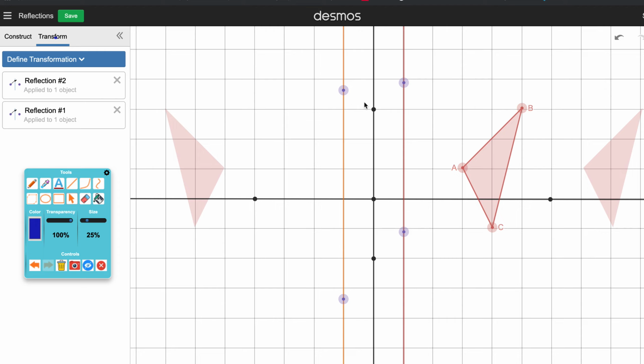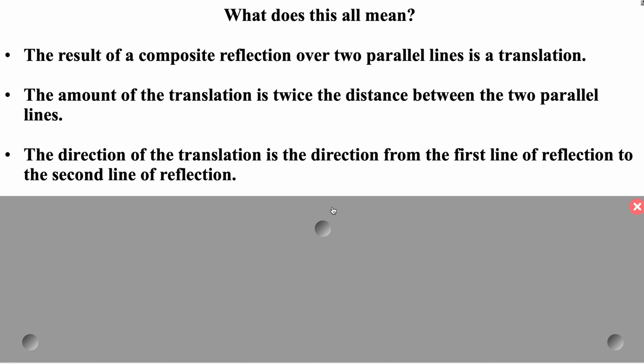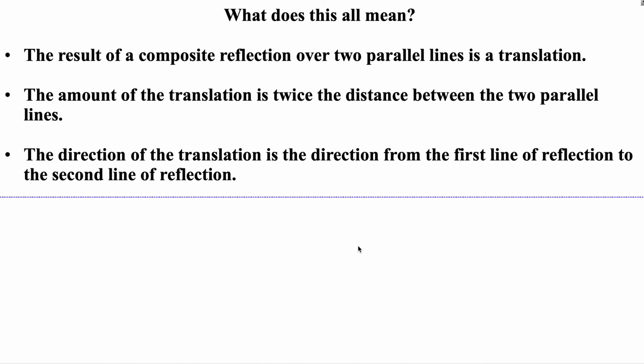Because we reflected first over this line and then over this line, the direction between those two lines from 1 to 2 is that way, so the translation is that way. Okay? That about sums up what we need to know about composite reflection over parallel lines.